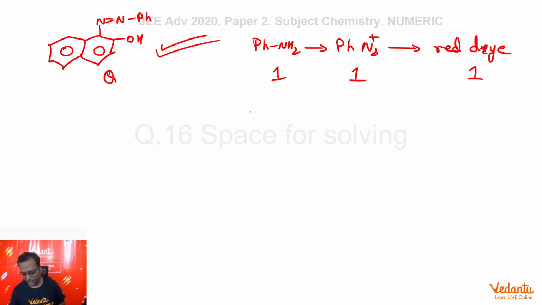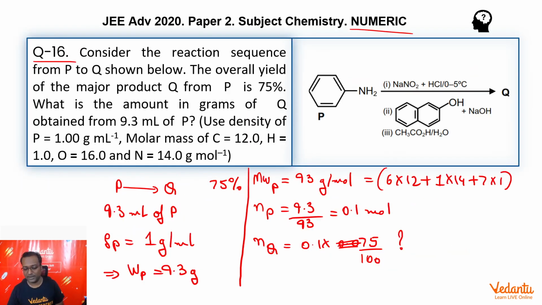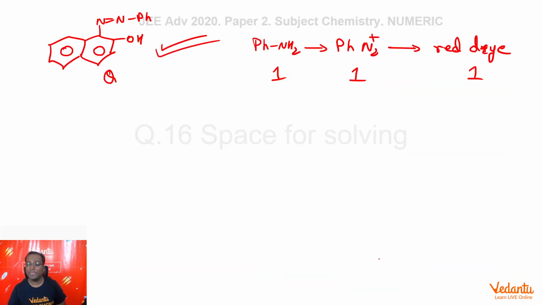Therefore, if you remember on one of the previous slides, we said, is it correct to say that 0.1 mole of P should give 0.1 mole of Q, and therefore we use 75%? Absolutely. This reaction sequence tells us that if I take 1 mole of this, the product formed should be 1 mole. I have been given 0.1 mole of the reactant.